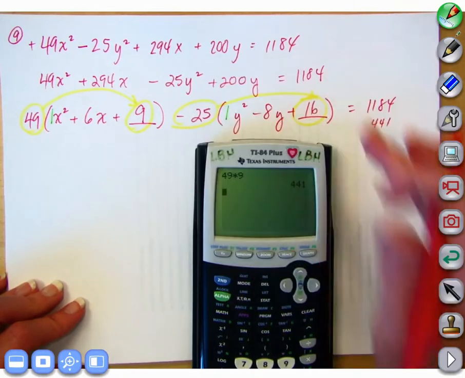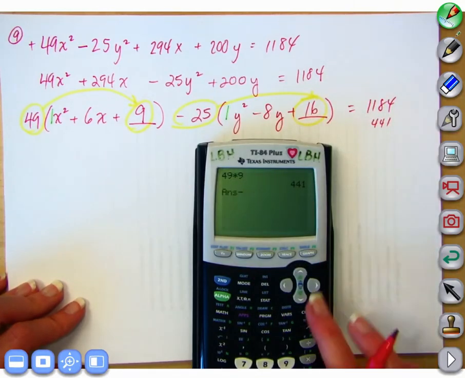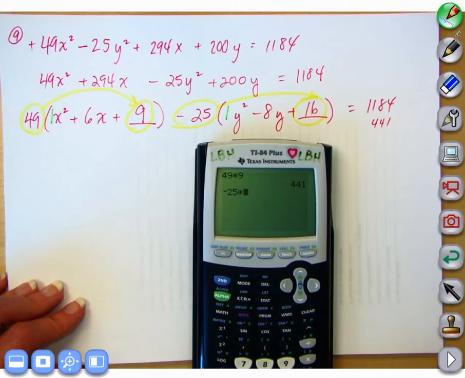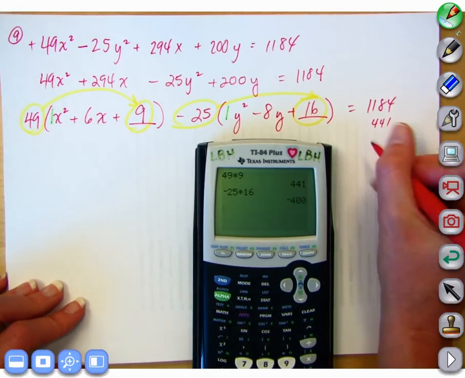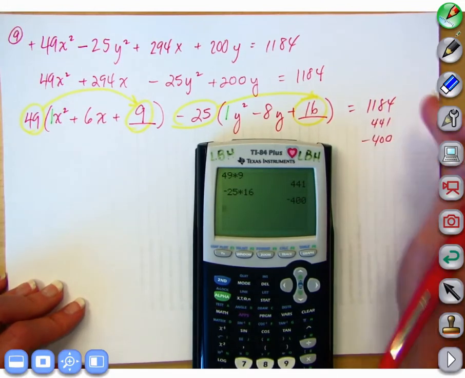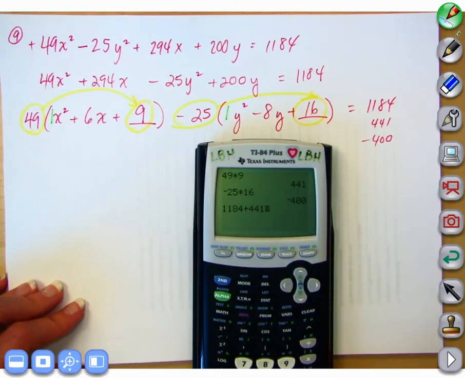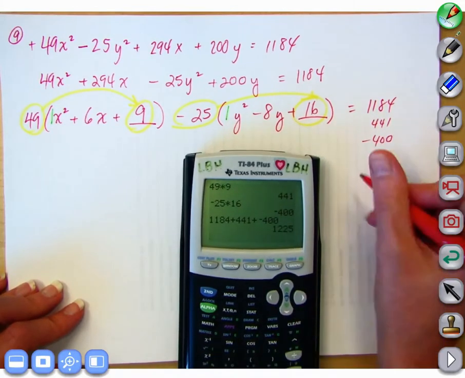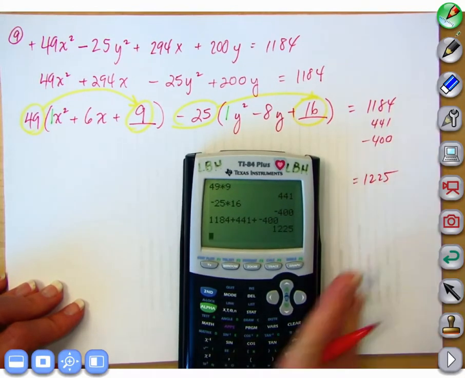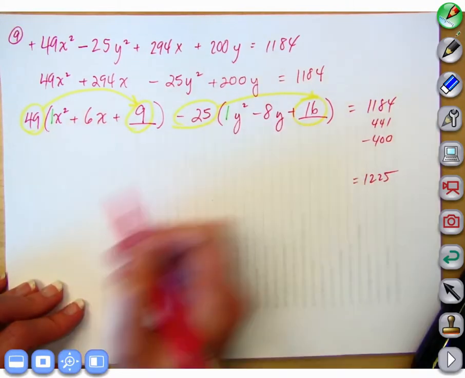And then we've got negative 25 times 16, so that is negative 400. So when I add all this together, we're going to have 1184 plus the 441, and then plus the negative 400. Add all that together, we get 1225.